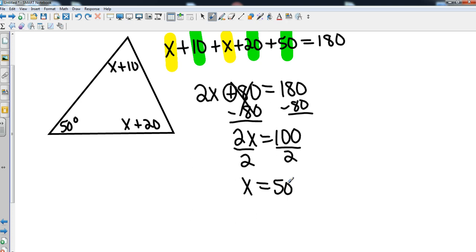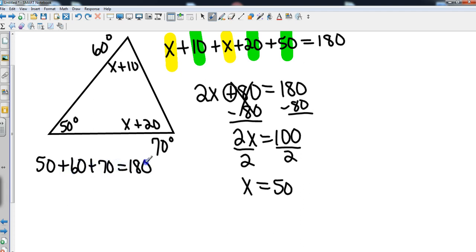If they ask you to put it back in, then that top angle is going to be x plus 10, which is going to be 50 plus 10, which is 60. And the bottom one is x plus 20, which is 50 plus 20, which is 70. And you should do a quick check just to make sure that 50 plus 60 plus 70 does actually come out to be 180.